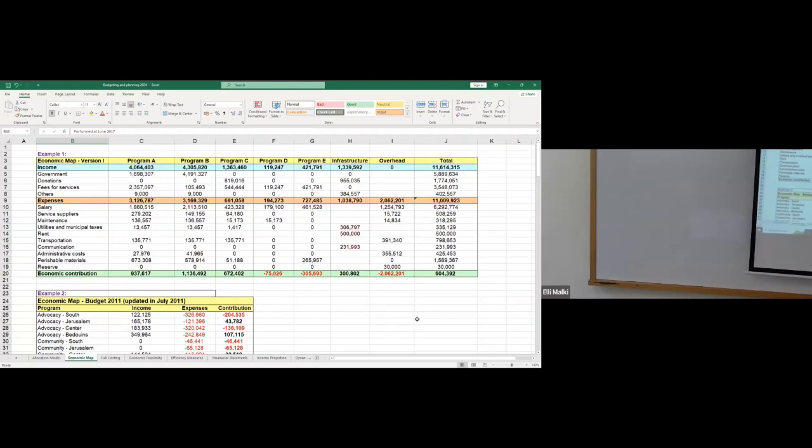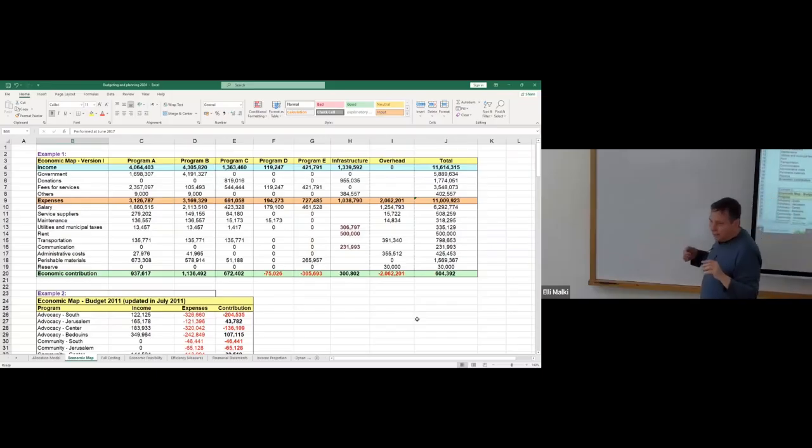Now, if we go, let's say, to program E, we see the opposite situation. The designated income is 421,000, almost 422, while the expenses are 727,000. So if I close this program, I will lose income of 422,000, but I will save expenses of 727. So the net effect will be that my economic situation will improve by exactly this amount, 305,000.